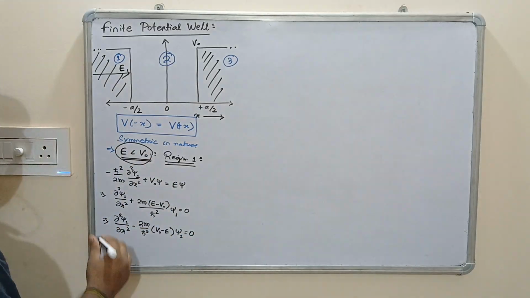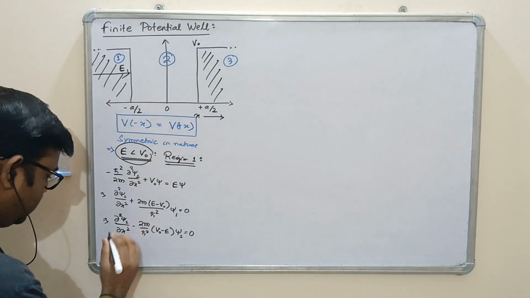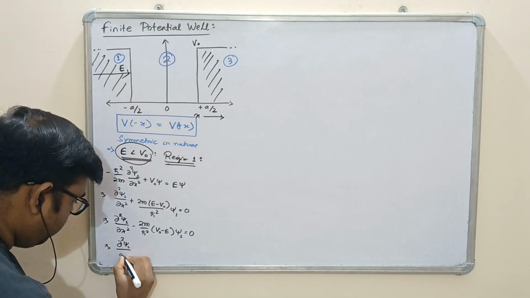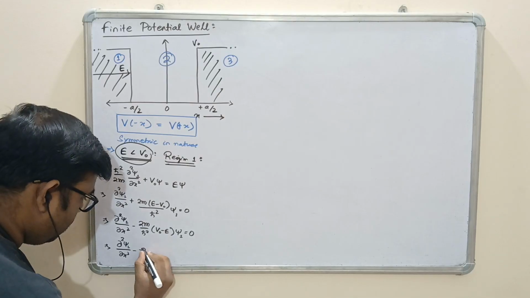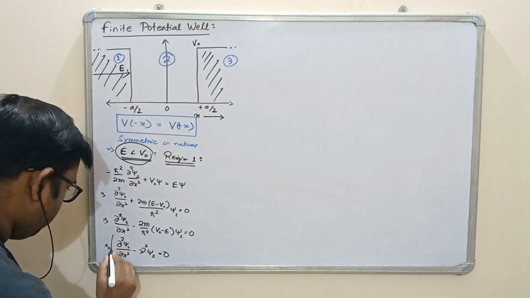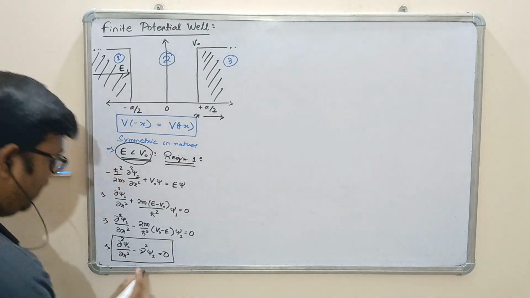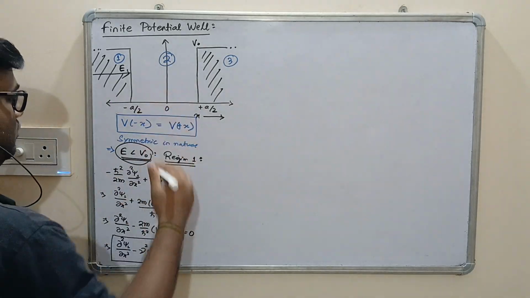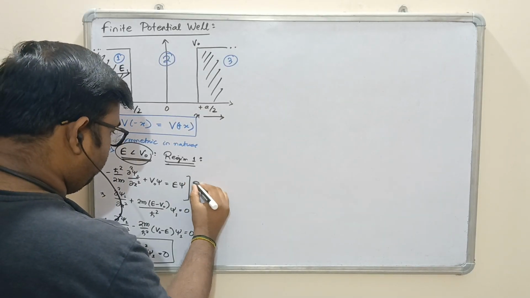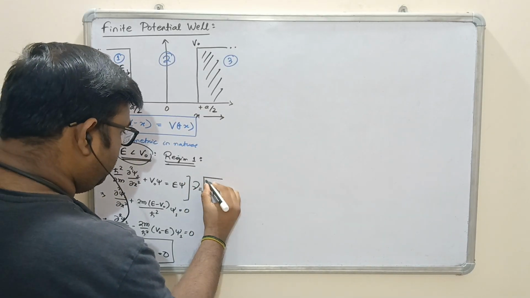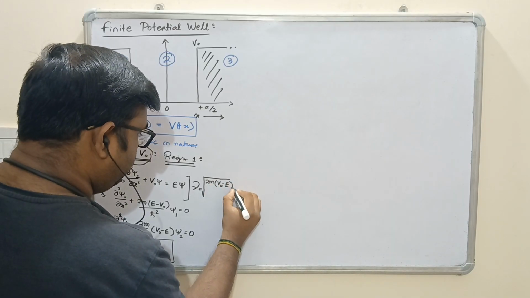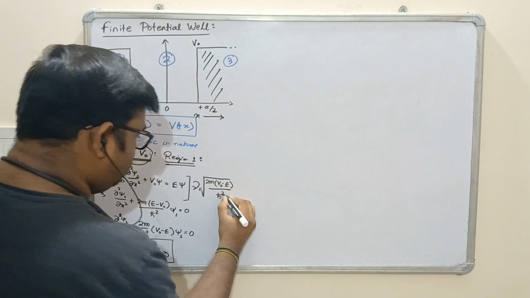And as we already solved this kind of question, we have to assume this to be our new constant. I hope everyone understands how this happens. And for those who don't know, we have assumed nu to be root over of 2m times V naught minus E by h bar square.